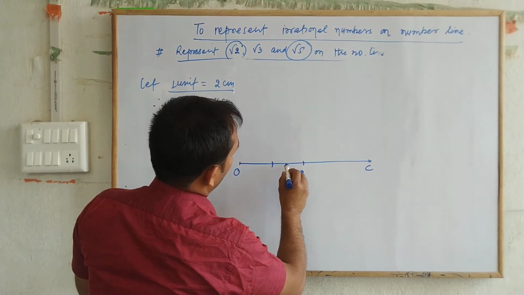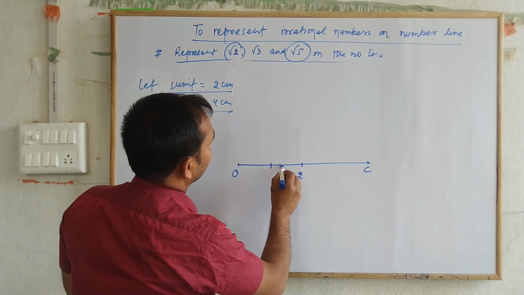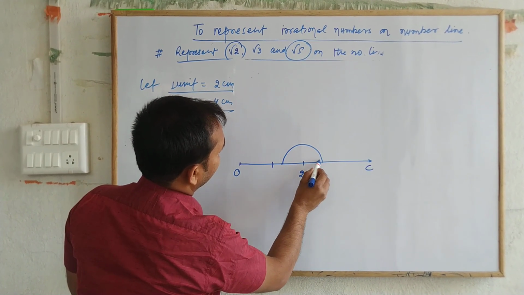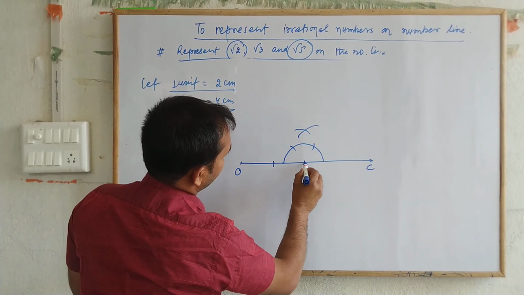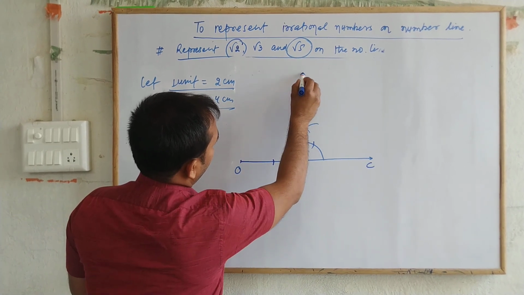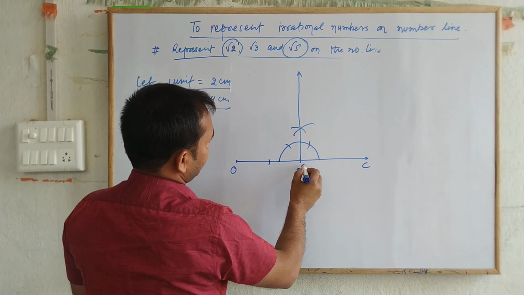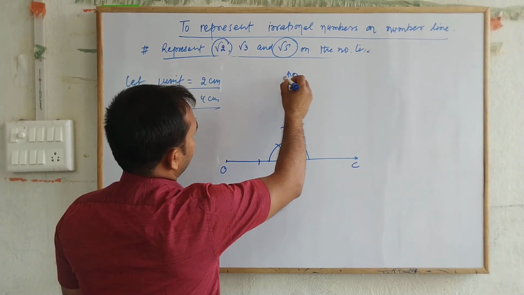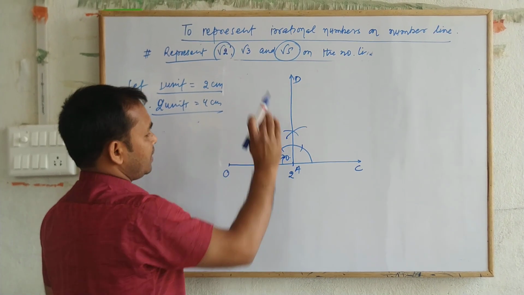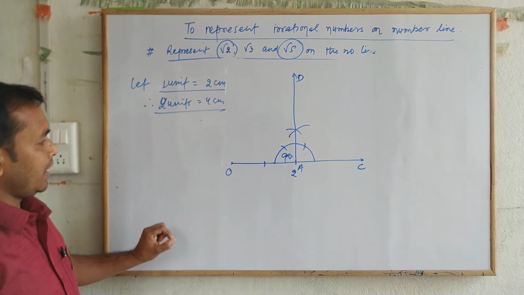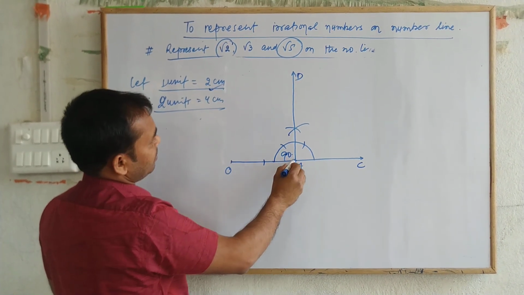Now we draw a 90-degree angle with the help of the compass. Okay, this is 90 degree. Here write A and here D. Now take 1 unit, compass equal to 2 centimeter.